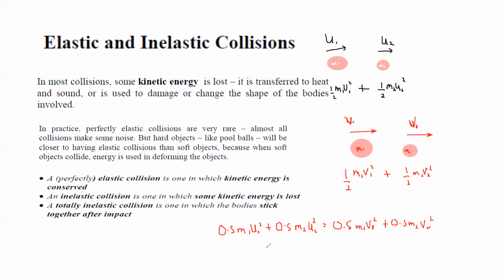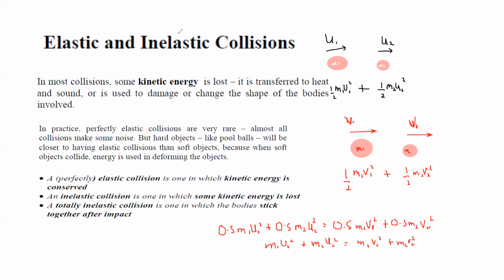So I can say m1 u1 square plus m2 u2 square is equal to m1 v1 square plus m2 v2 square.